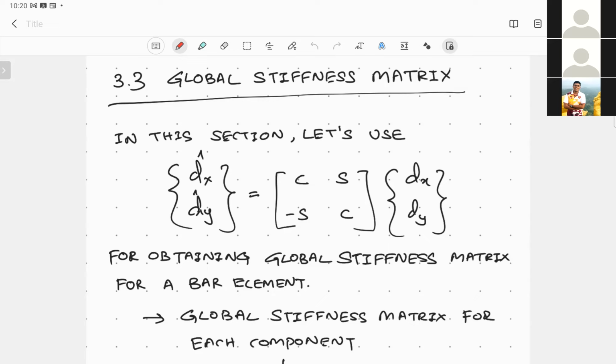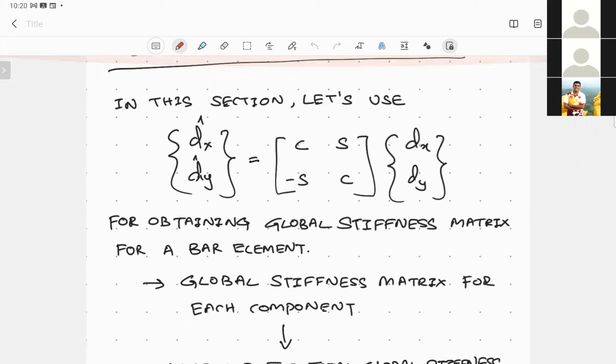In the next step, we are now zooming out. That means we are considering the total structure. We will be using the direct stiffness method and try to construct the total global stiffness matrix. Let's say, for a bar element, in the first place, let's consider the rotation and try to construct the global stiffness matrix for a bar element.